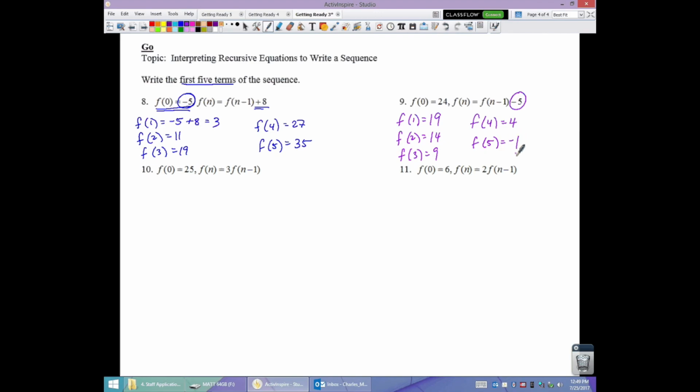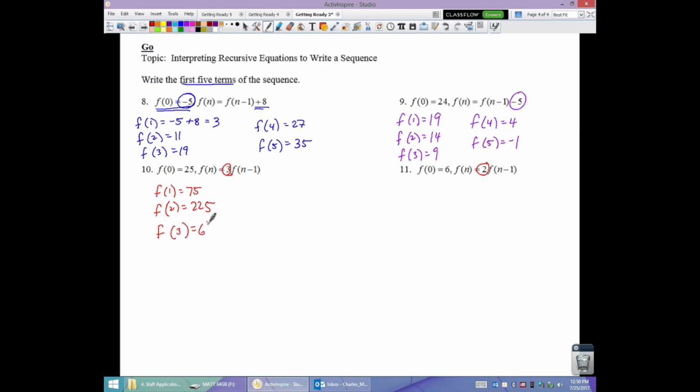Now, numbers 10 and 11 are exponential because we're multiplying by 3 and multiplying by 2, but same procedure. If f of 0 is 25, I want to multiply that by 3, so f of 1 would be 75. Then I would multiply that 75 by 3, which is 225.